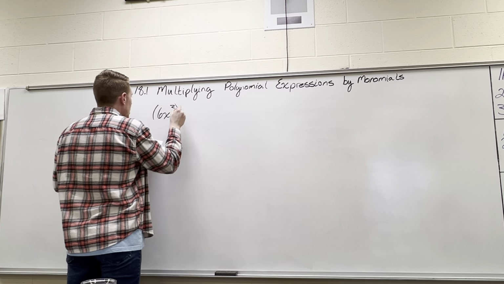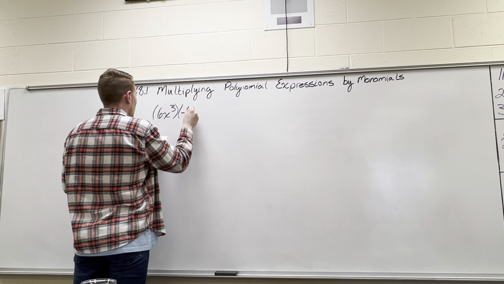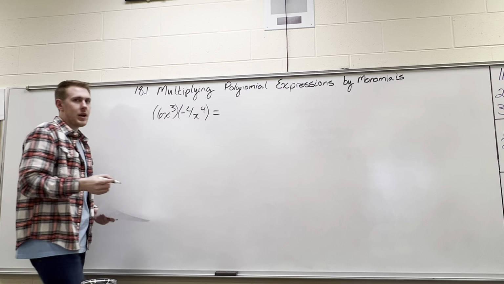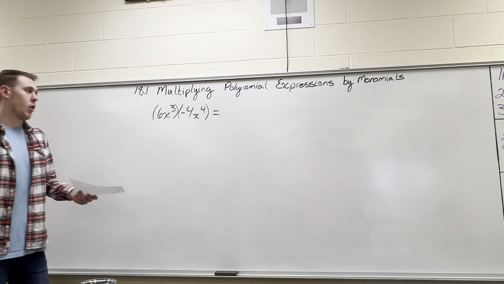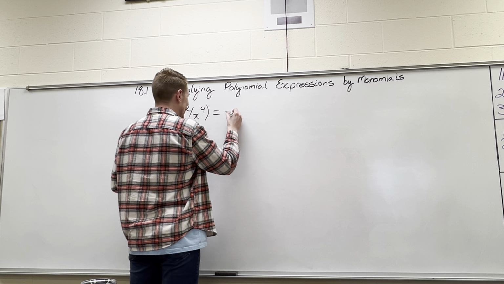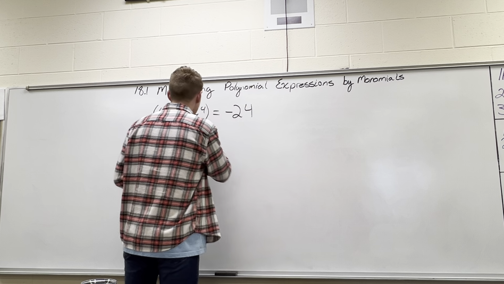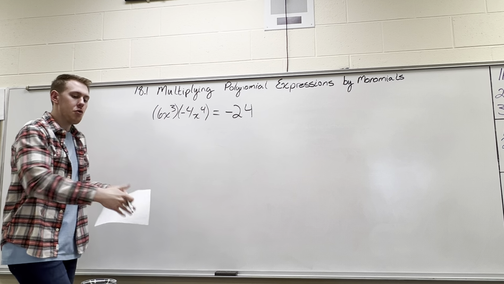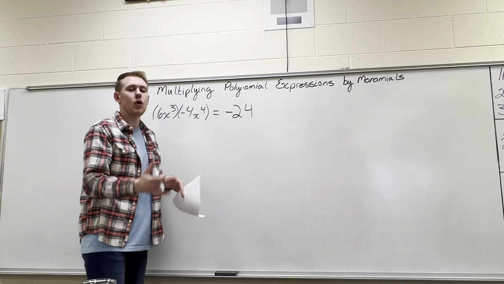We have 6x cubed times negative 4x to the fourth. So we're going to do what we normally do. What's 6 times negative 4? Negative 24. Now what I have is x cubed and x to the fourth. So remember, when you multiply, you have to add your exponents.